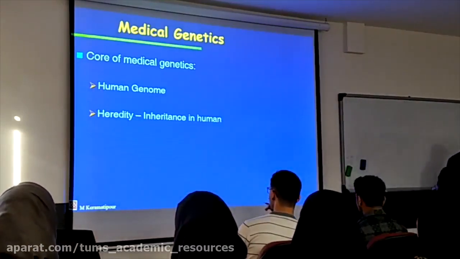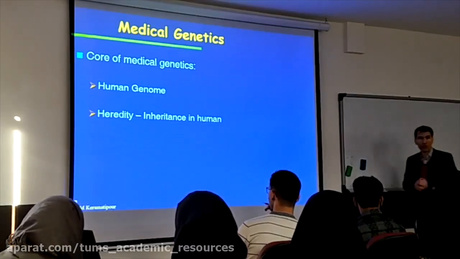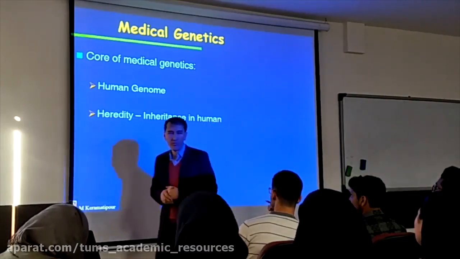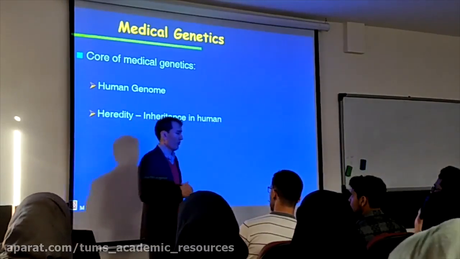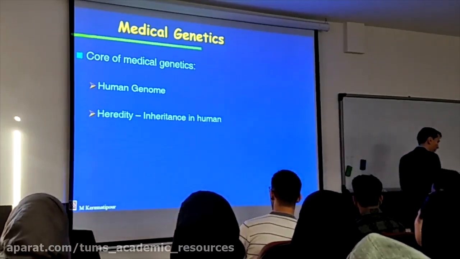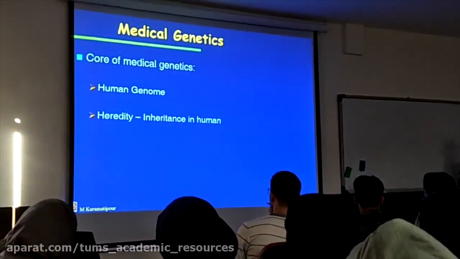So, in medical genetics, we have two central codes that everybody should know. One of them is knowing the human genome. The human genome is the organ of the genetic subspecialty.